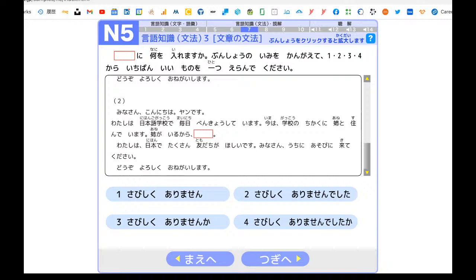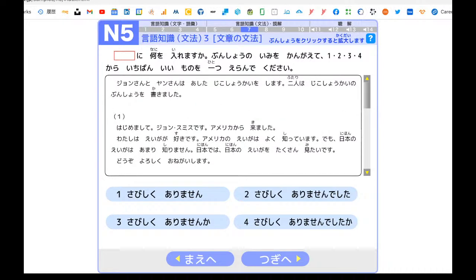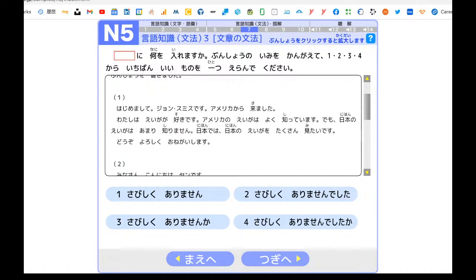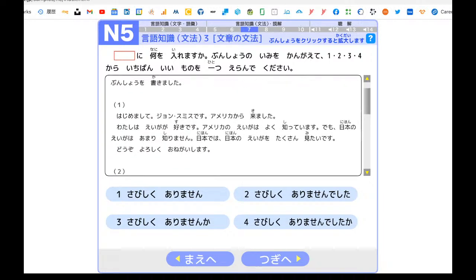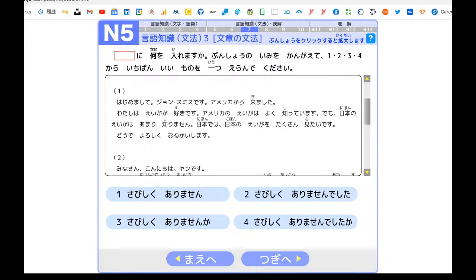So when you see this construction, remember there are two people here, John-san and Yan-san, and they're like the first paragraph and second paragraph. So one of them is John-san's self-introduction, and one of them is Yan-san's self-introduction, right?